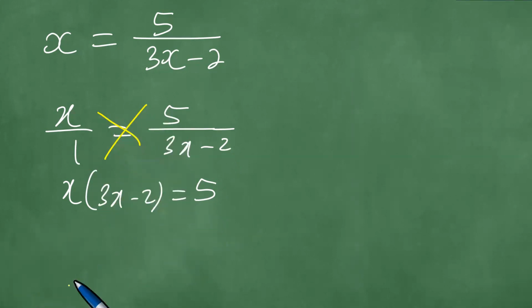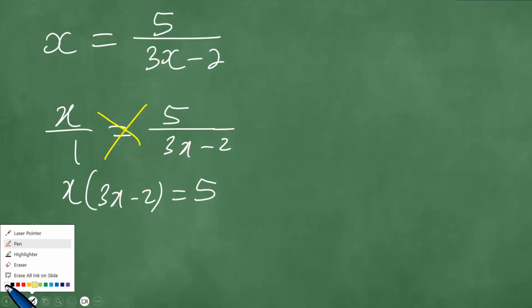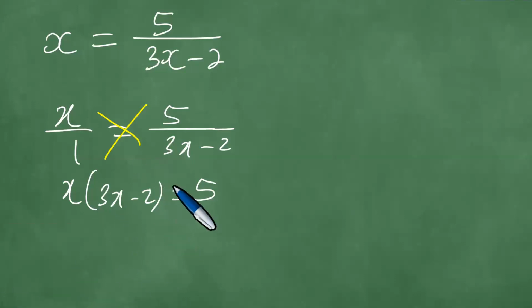Right, so we sort of cross multiplied, if you like. We say just cross multiplication, but in mathematics, we multiply by the same thing. So the correct way, instead of saying cross multiplication, would be to multiply by the denominator, or the LCD, 3x minus 2, on both left and right.